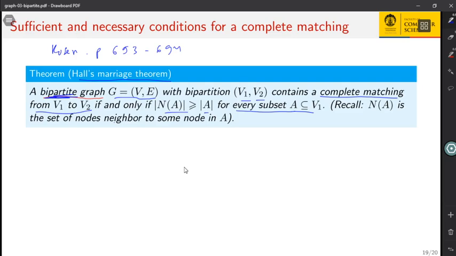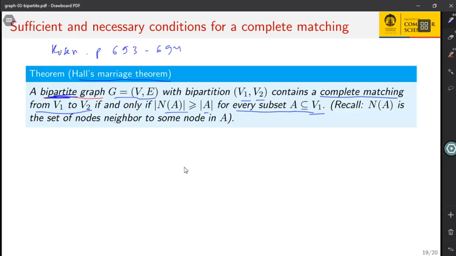Let me repeat, if every subset of phi1 has a neighbor whose size is at least the same or even more.